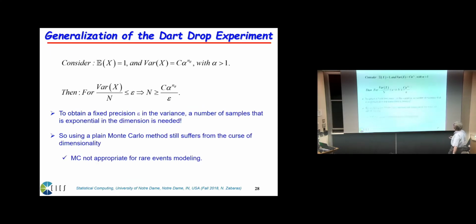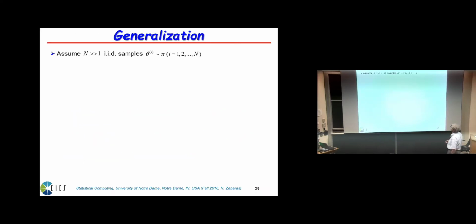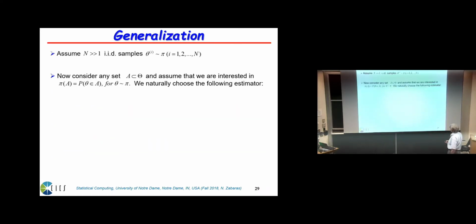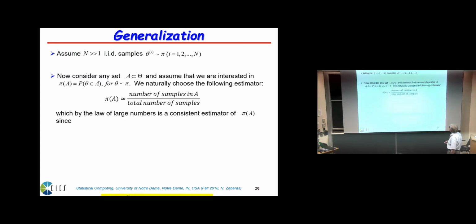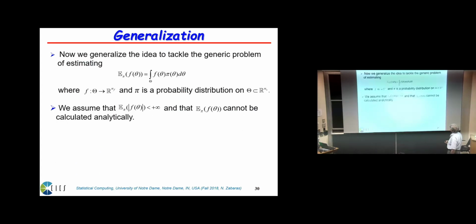All right. And then I give you another similar type of statement. All right, so let me keep moving. Now we're away from circles and hyperspheres. So we want to calculate the expectation of a function of theta, where theta follows the distribution pi of theta.